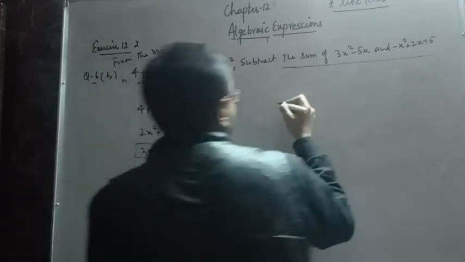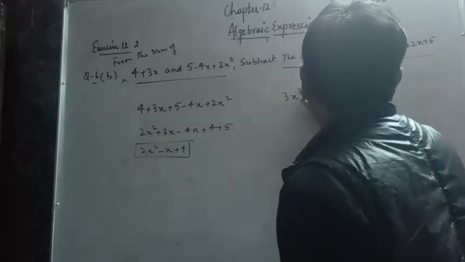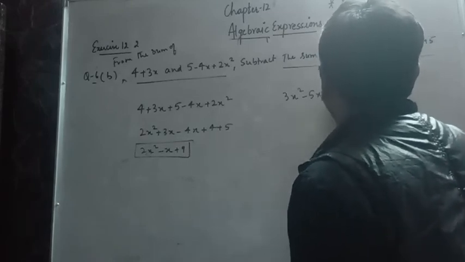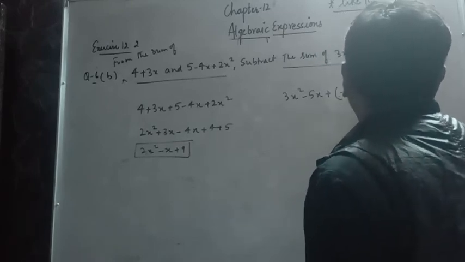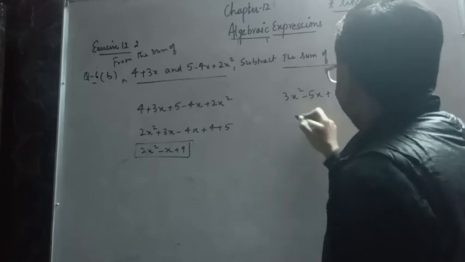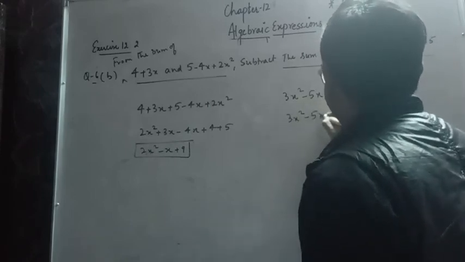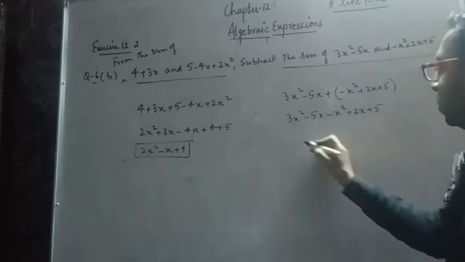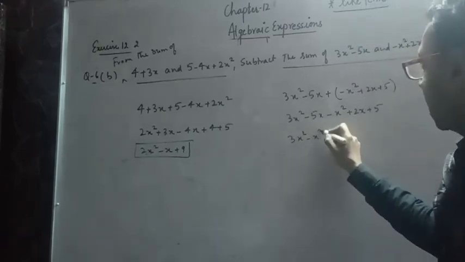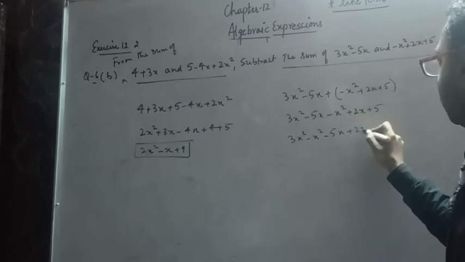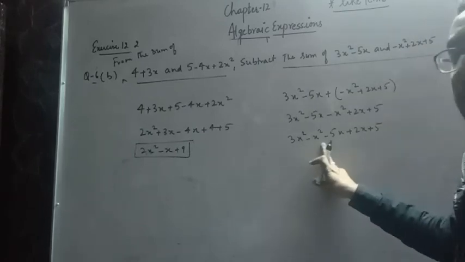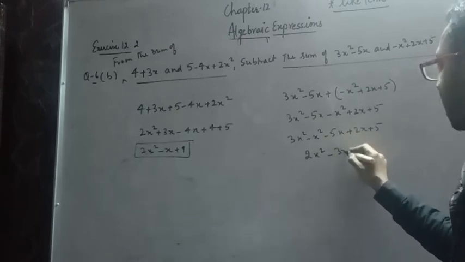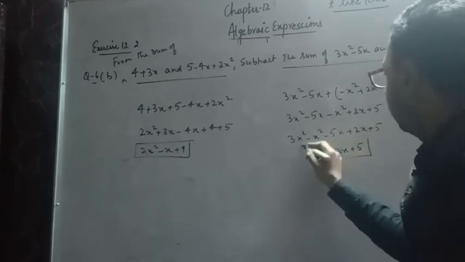Similarly, the sum of 3x square minus 5x and minus x square plus 2x plus 5. Since the minus sign is there, I'll write it out so there is no confusion. 3x square minus x square, minus 5x plus 2x, plus 5. Now 3 minus 1 is 2x square, minus 5 plus 2 is minus 3x, plus 5. This is what the result is.